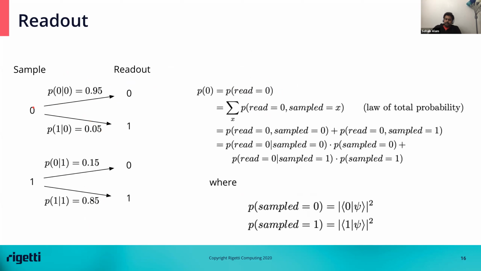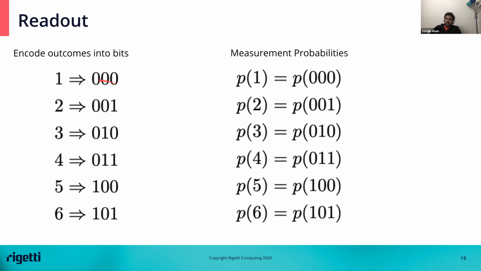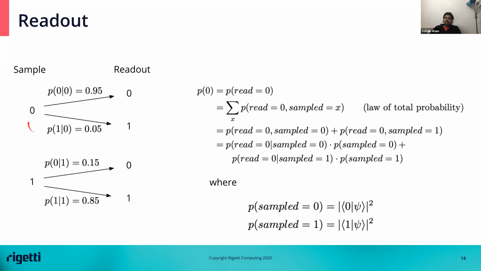Let's say that we have 3 bits over here, and this last bit is faulty. Even if you sample this bit to be a zero, when you actually read it out, there is some probability that you're going to misread it.